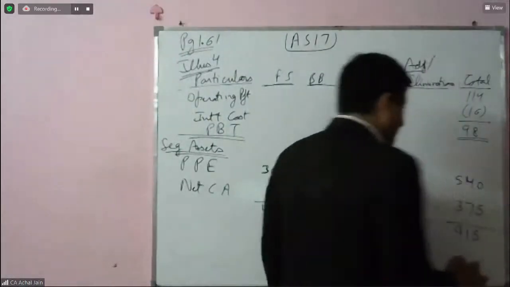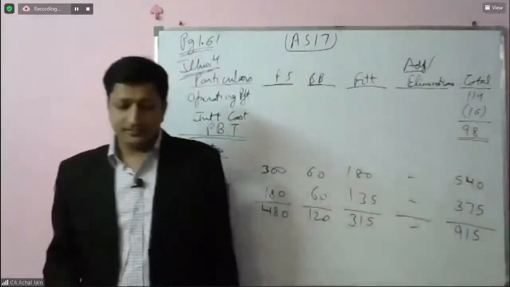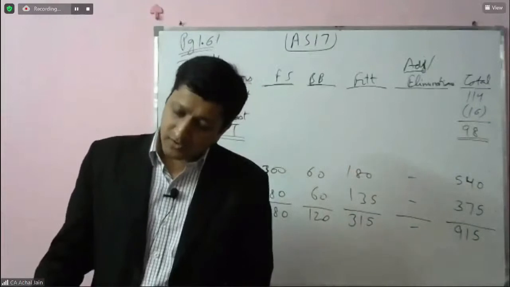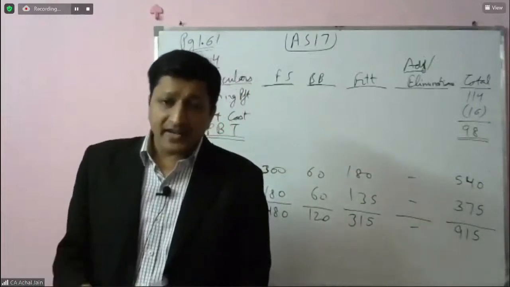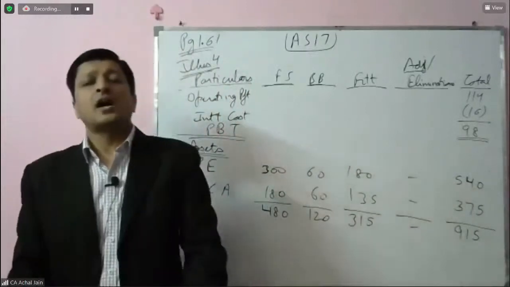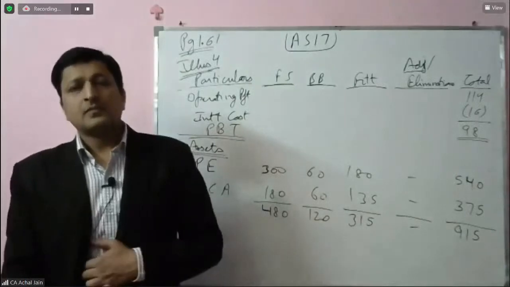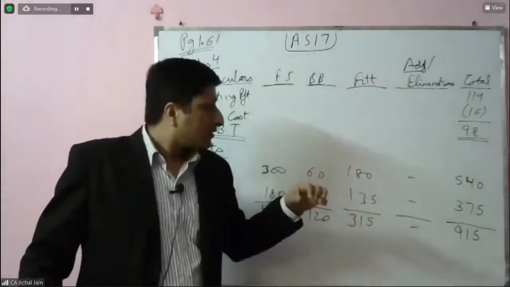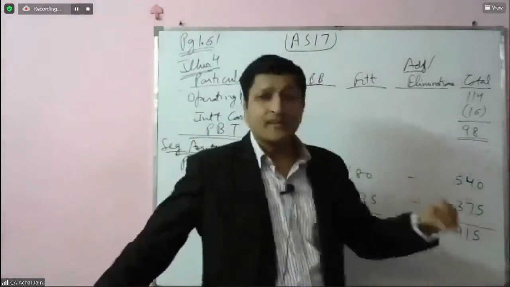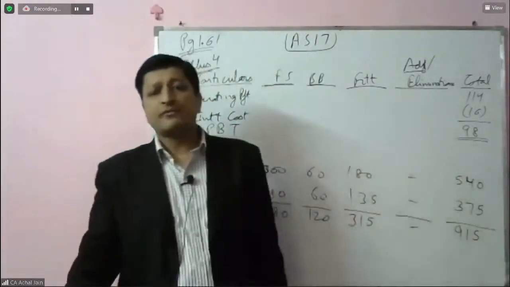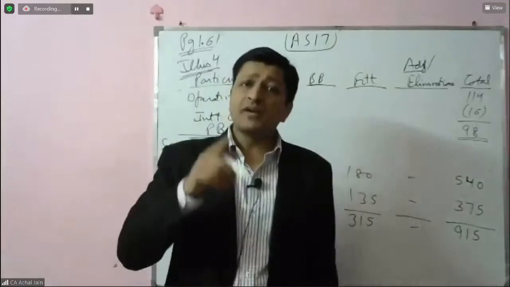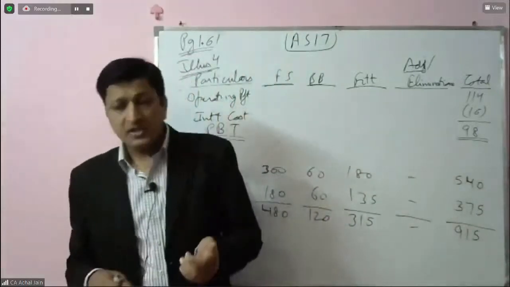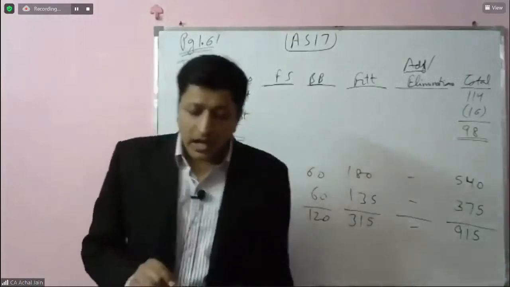Now, if you see in the question, PPE and net current assets of head office are also given. And if you look at the total assets of 540 and 375, they will not match the balance sheet. Why? Because the balance sheet number will be after considering all. Now for matching this, what do we need to bring in?